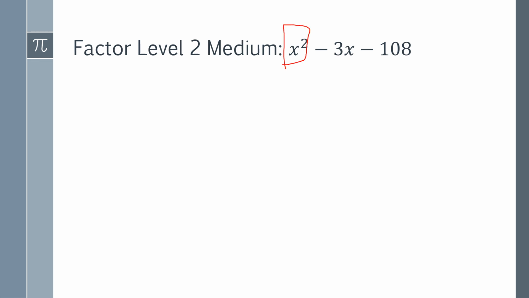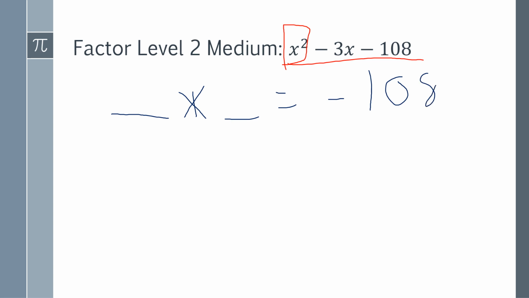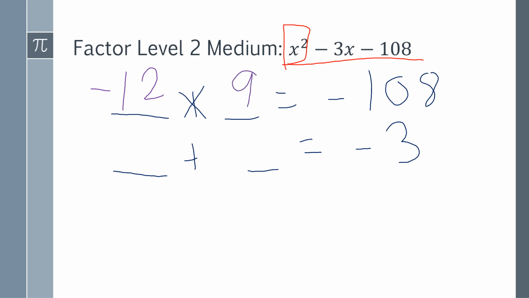So anytime you got a trinomial with a linear exponent of 2, you have to take these particular steps, which is what two numbers, when you multiply together, gives you negative 108, but when you add them together, they give you a negative 3. So we could say negative 12 times a positive 9 gives me a negative 108.